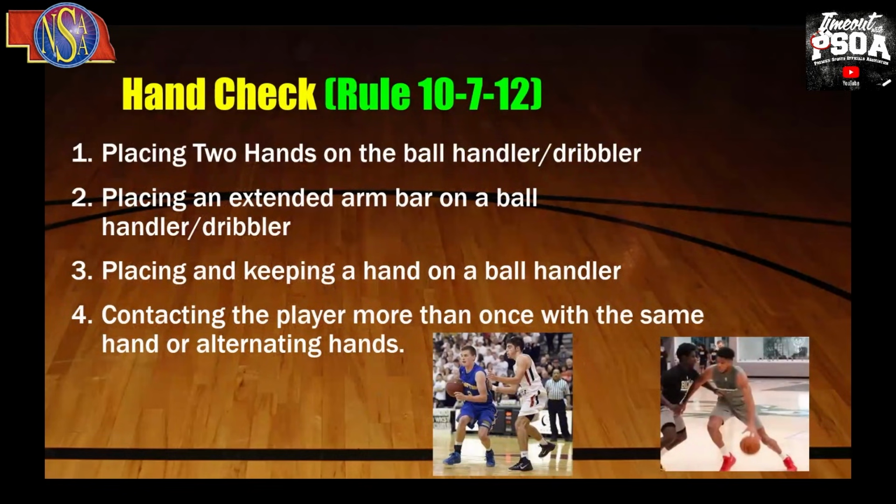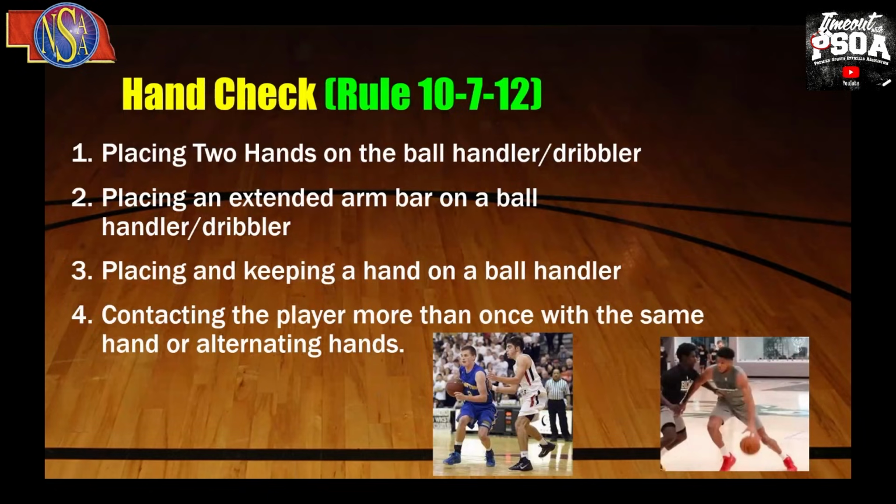Rule 10-7-12. There's 4 categories of hand check. Placing 2 hands on the ball handler/dribbler. Automatic foul. Placing an extended armbar on a ball handler dribbler. Automatic foul.